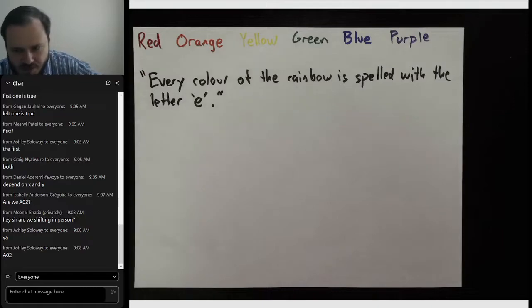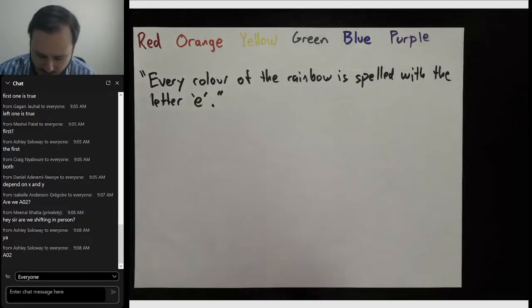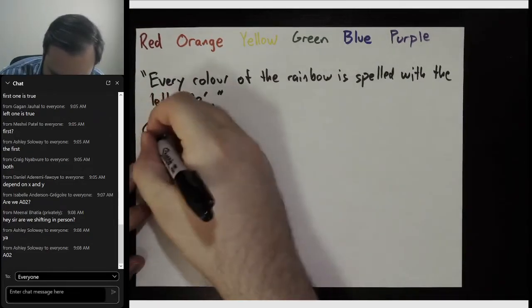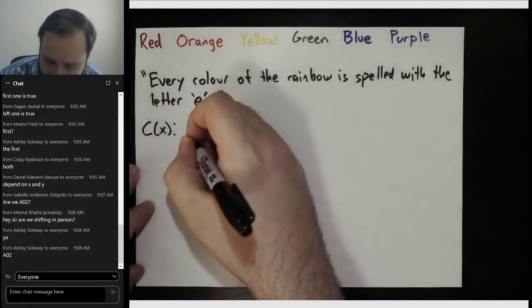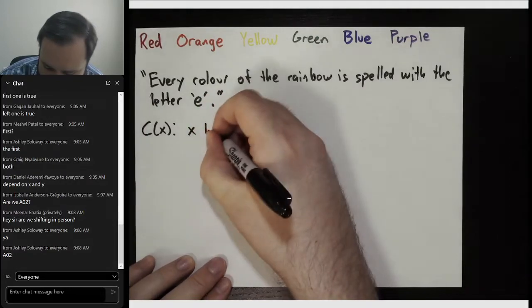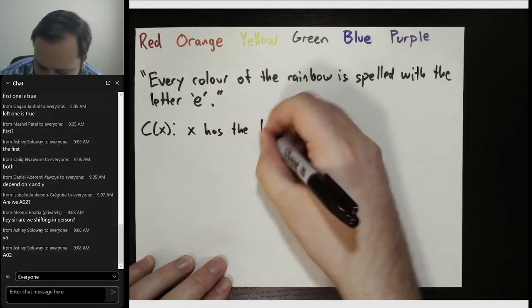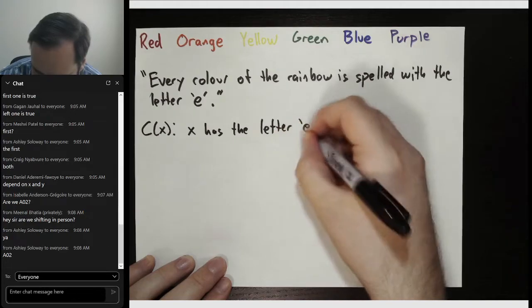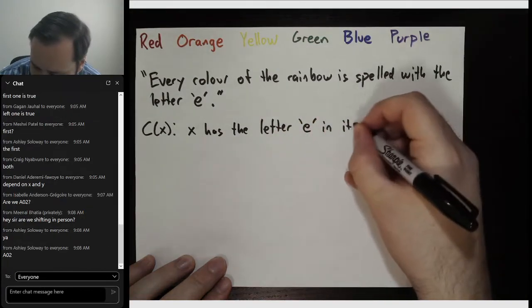So we could turn this into a logical statement. We could say C of x is the statement x has the letter E in its spelling.